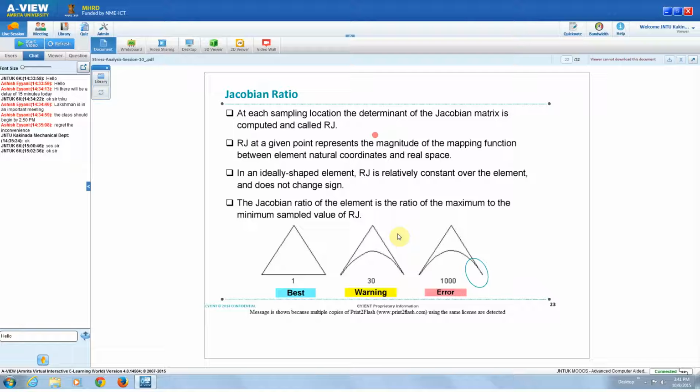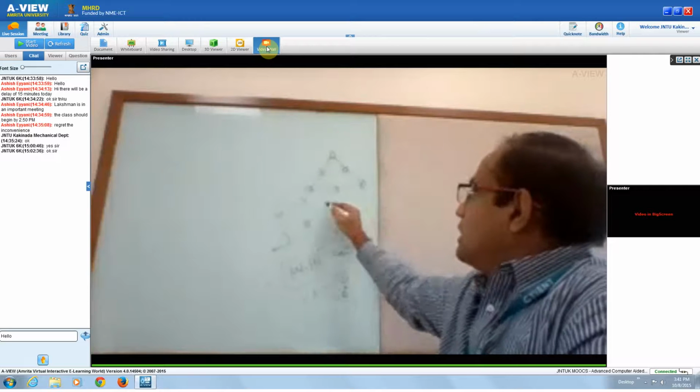So what exactly is Jacobian ratio? Let us take a quad element.